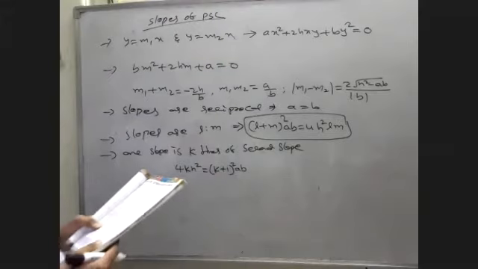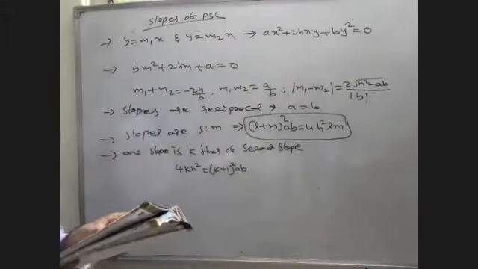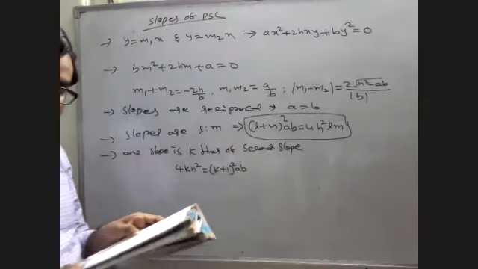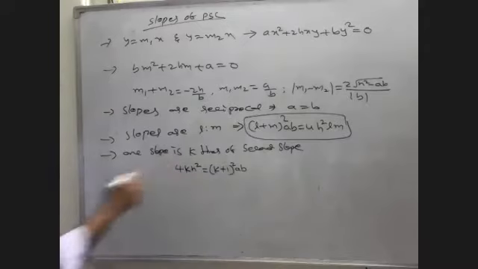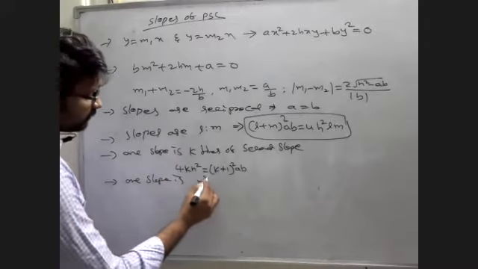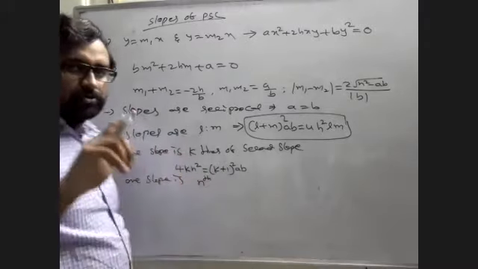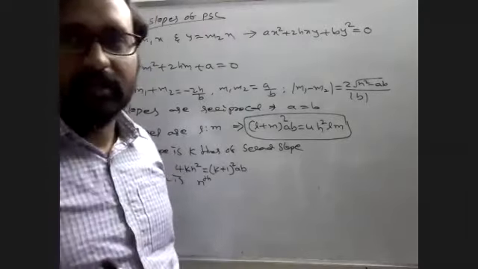And next, if this pair of lines represents 2 lines, then the slope of one line is the nth power of the other slope. Here it is K times, here it is power. Power 2 is square, power 3 is cube, power 4, like that.